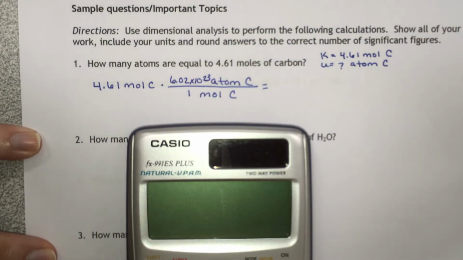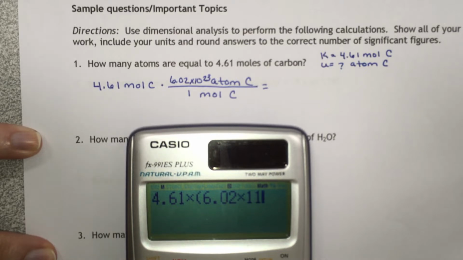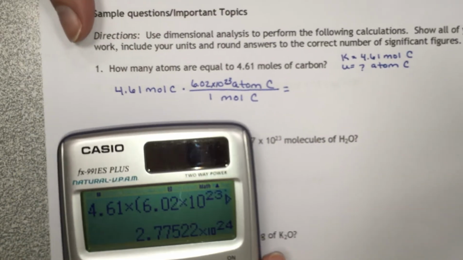So it is 4.61 times, okay, yeah, you got to turn your calculator on. 4.61 times 6.02 times 10 to the 23rd. Okay, and that equals that many atoms.